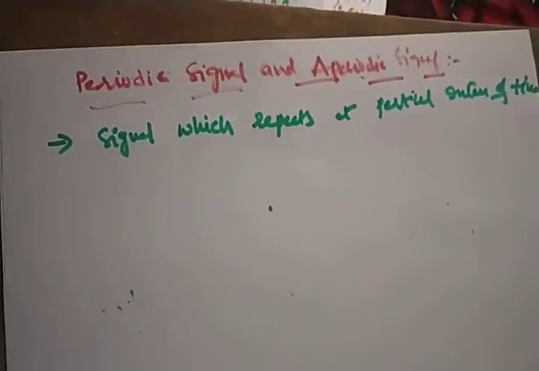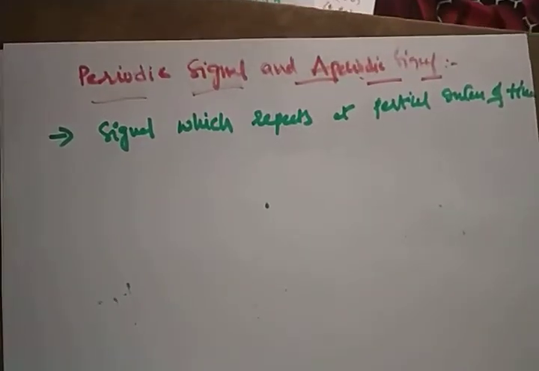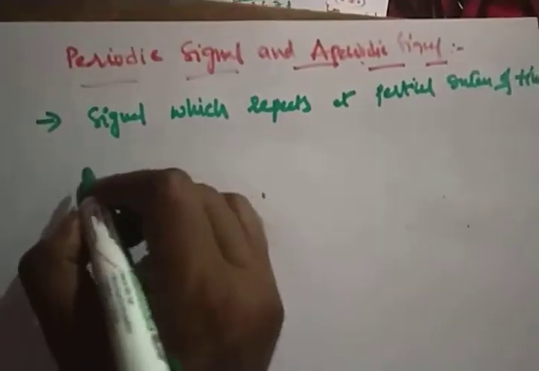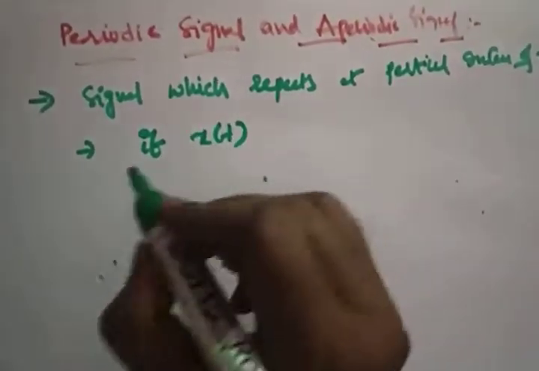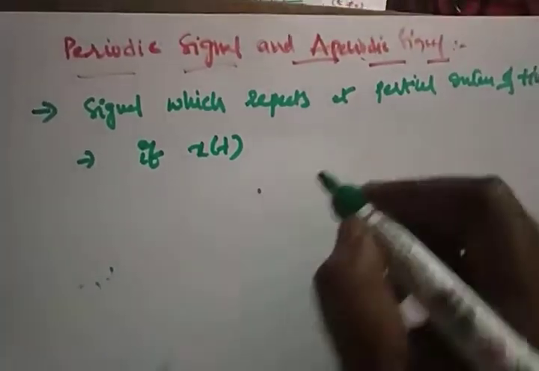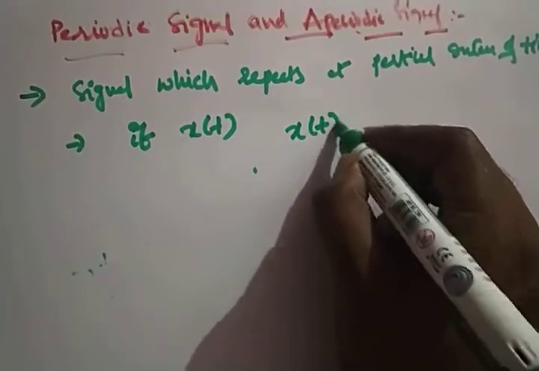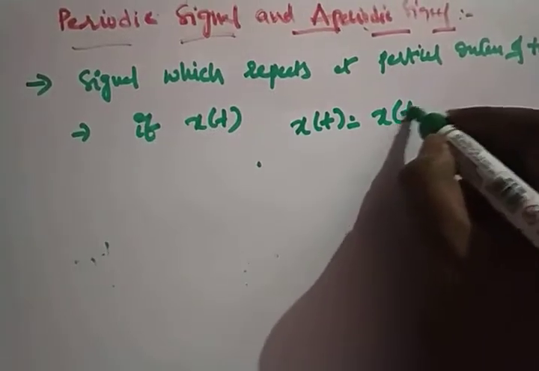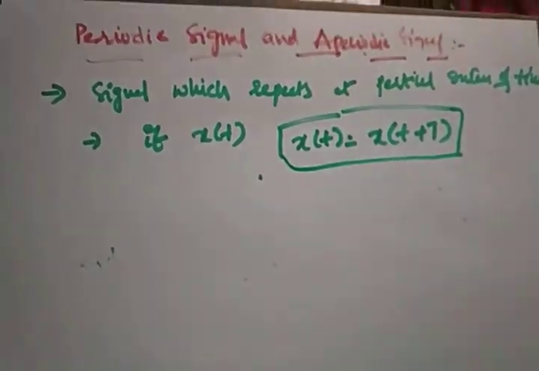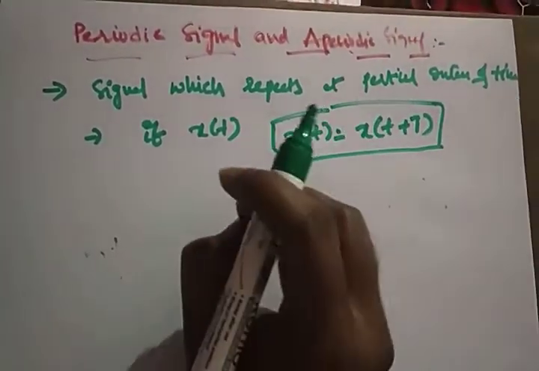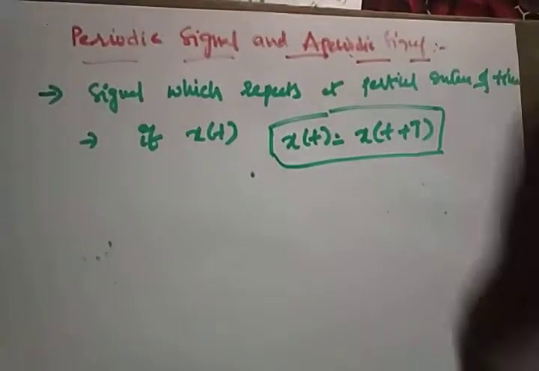So we can call it a periodic signal, right? Mathematically, if the signal x of t is periodic, then it satisfies x of t is equal to x of t plus T. If it satisfies this, then the signal is a periodic signal. That means the signal repeats at a particular interval of time.